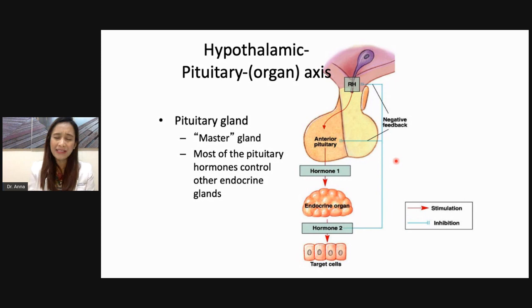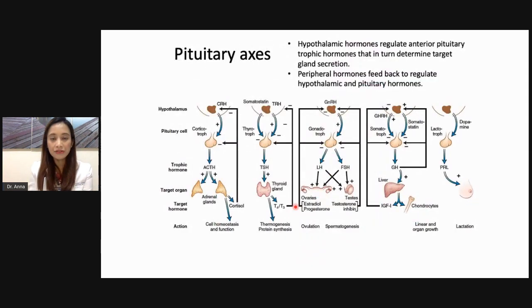Okay? So again, I cannot overemphasize to you guys that you should be able to understand this negative feedback mechanism in order to understand the rest of the clinical aspects of endocrinology. So these are the different pituitary axes.